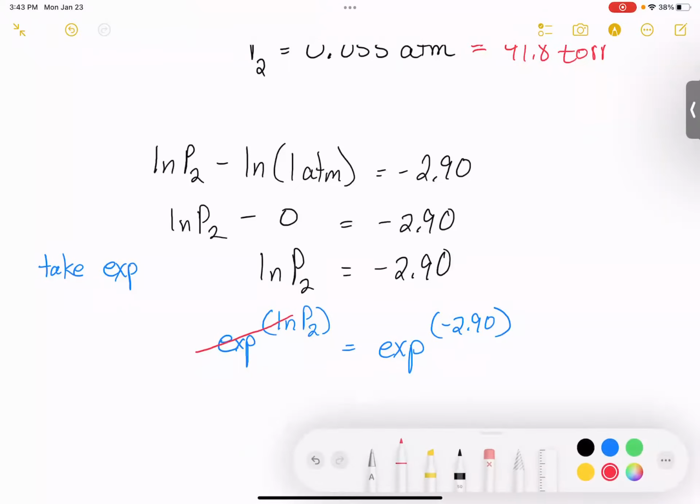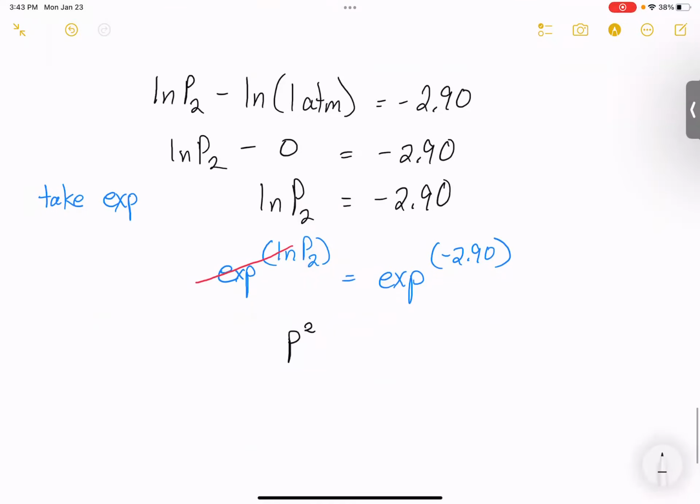So that becomes strictly P2 is equal to e to the -2.90. When I plug in e, I use the exponential over here. If you look at your calculator, you'll see your natural log button. Directly above it, you'll see an e to the x. For most calculators, you need that e to the x.